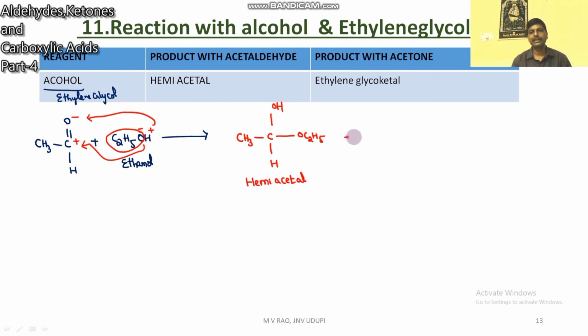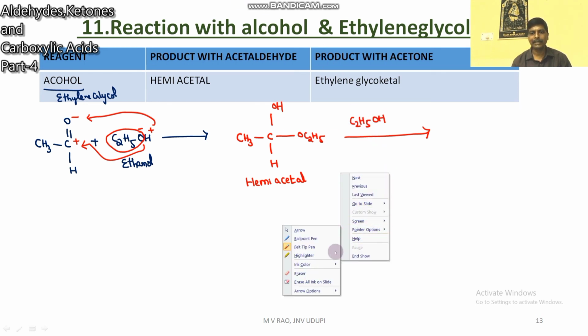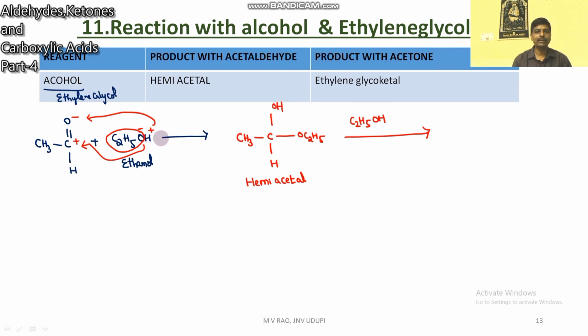Hemiacetal. This one again will react with another mole of ethanol. That means 2 moles of alcohol. This is the first mole, this is the second mole. In this case it loses H2O, minus H2O.